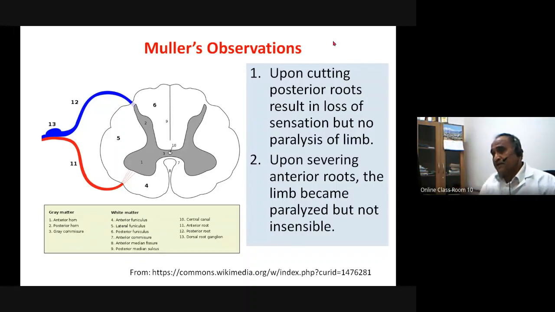So I have given two examples here: subacute combined degeneration resulting from vitamin B12 deficiency, or tabes dorsalis, though nowadays tabes dorsalis is not seen. In the case of the anterior root, I mentioned poliomyelitis. So that is about Mueller's observations.